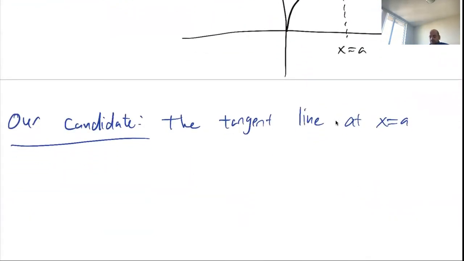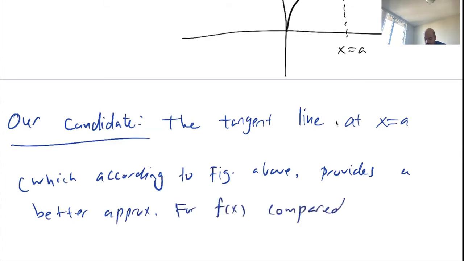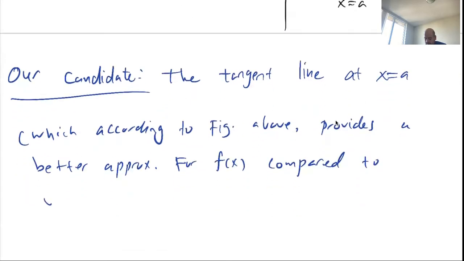So according to the figure above, which provides a better approximation for f of x compared to y equals f of a?